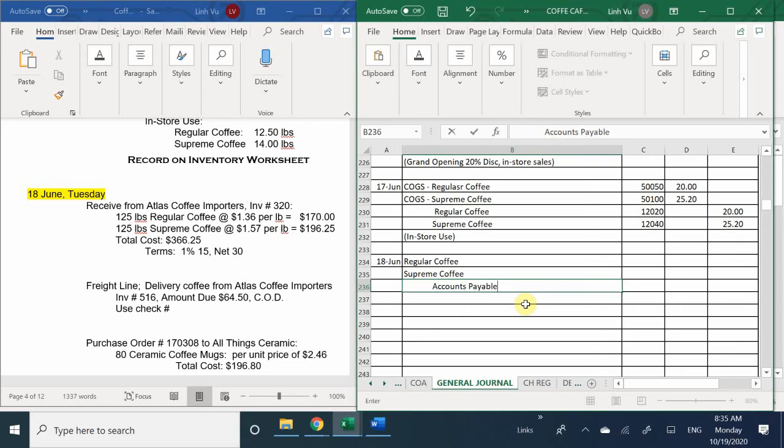Okay. The regular coffee chart of account is 12020 and 12040 for the supreme. 170 for the regular coffee and 196.25 for the supreme.